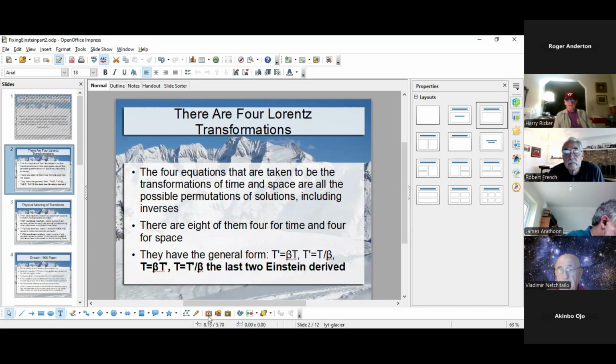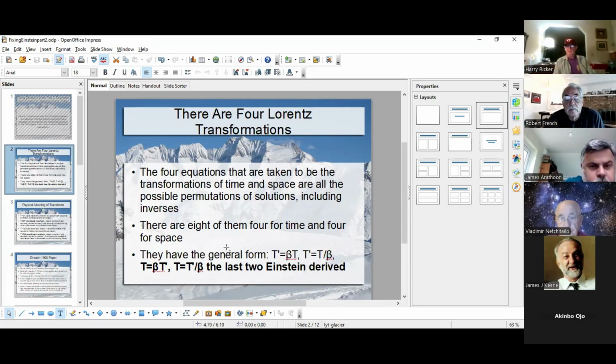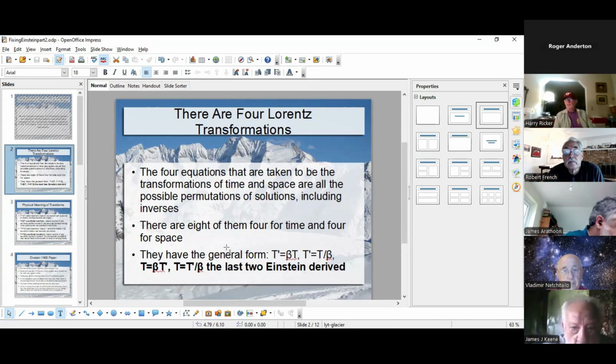Then down at the bottom here, they have the general form: T prime equals beta T, T prime equals T divided by beta, T equals beta T prime, and T equals T prime divided by beta. The last two were derived by Einstein.